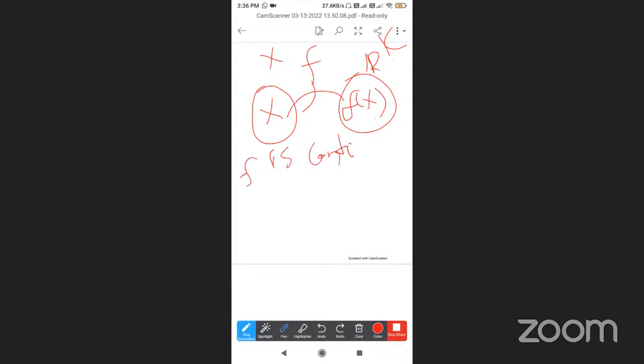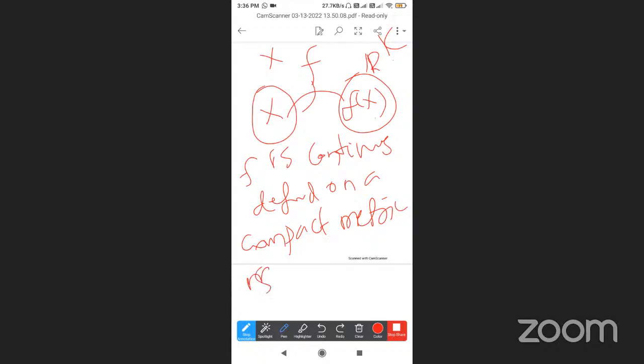Since f is a continuous mapping defined on a compact metric space X into R power of K, we know that the continuous image of a compact set is compact, by the previous theorem.